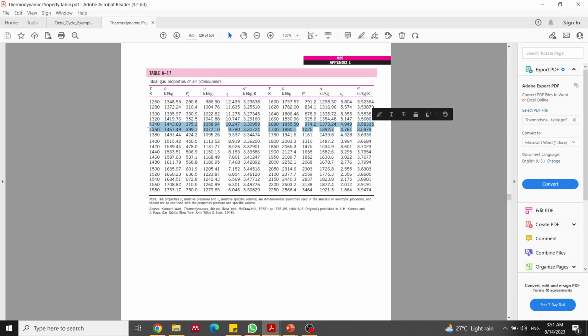Therefore you can extract the temperature values 1340 and 1360, and also you can extract the U values, which are 1058 and 1077. Then we can use those values to get the temperature.